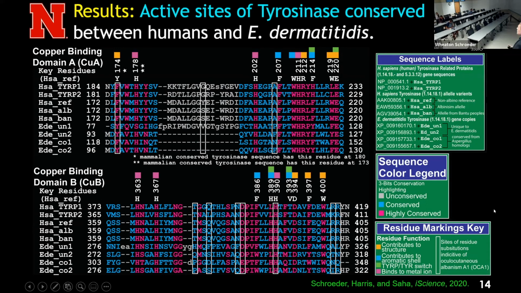Our second research question looked at how similar or how much of a model organism could exophylla be. I won't be able to go over all the results here due to time limitations, but I particularly wanted to take a look at this particular image. So this shows the amino acid sequences for the active site of tyrosinase, which is copper binding domain A and B. Again, tyrosinase is the key enzyme in melanin production.